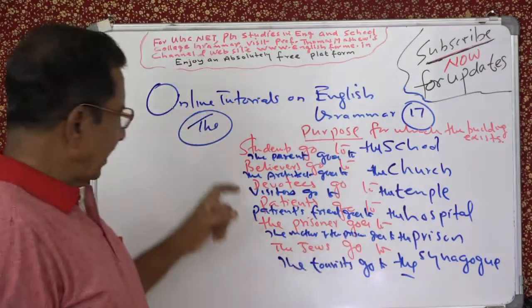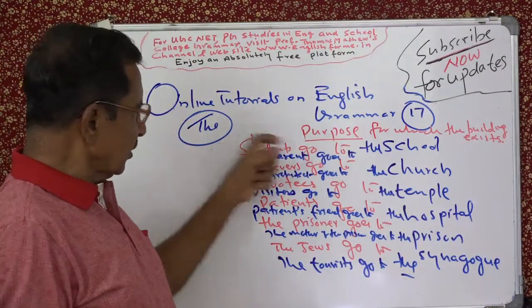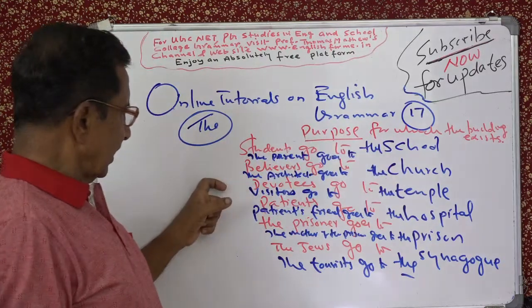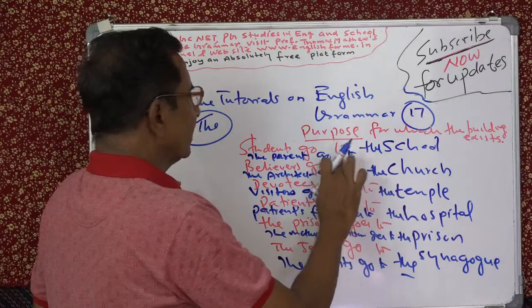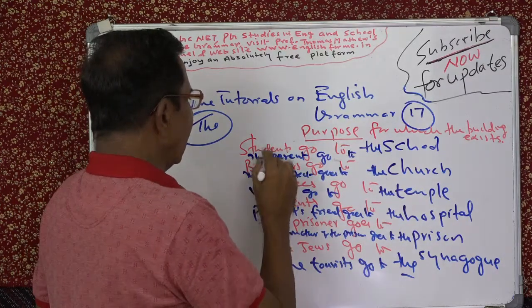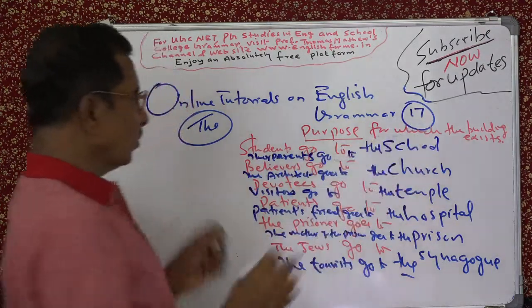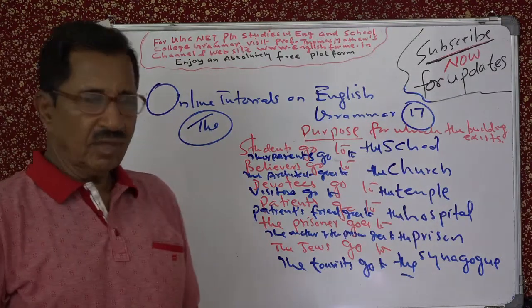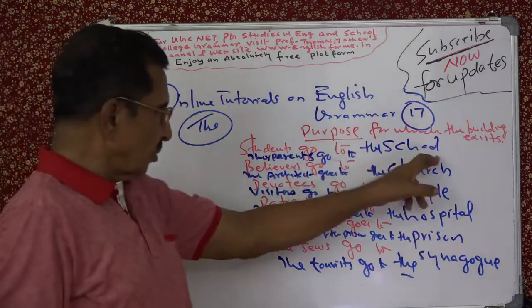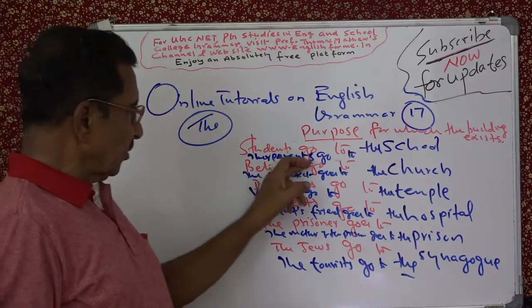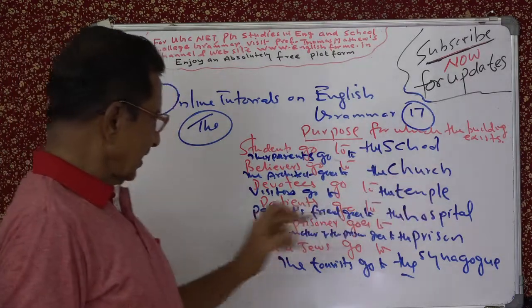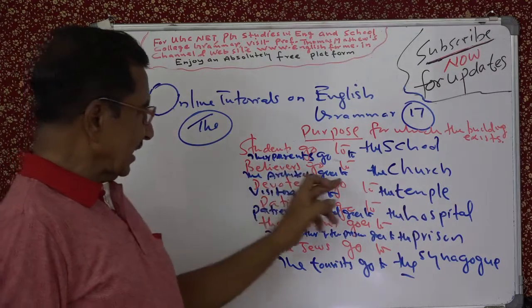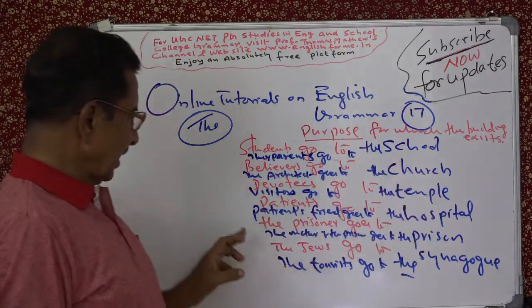For example, students go to school. Their parents go to the school. Make it like that, it becomes easy now. Believers go to church. The architect goes to the church.